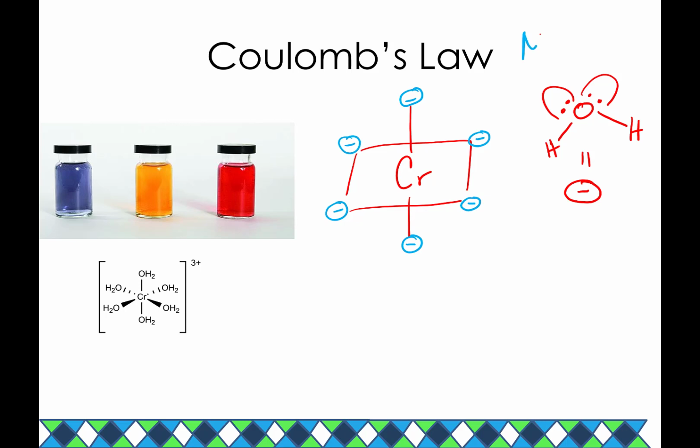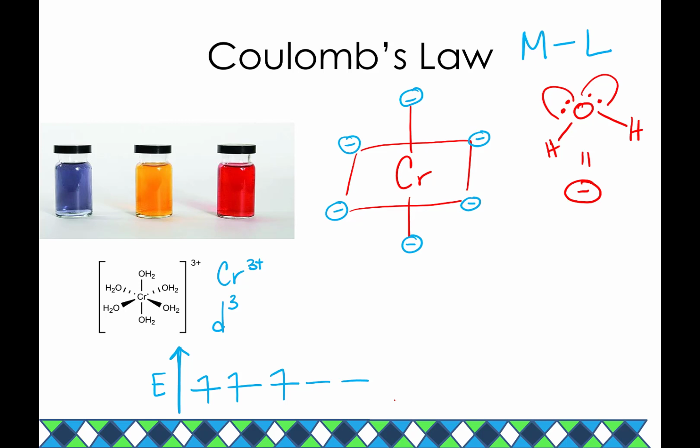Again, we're trying to think about this metal-ligand bond. Chromium 3 plus has a d count of d3. So typically, we would write out our five 3D orbitals as degenerate, meaning that they have the same energy. And this is what our electron configuration would look like.